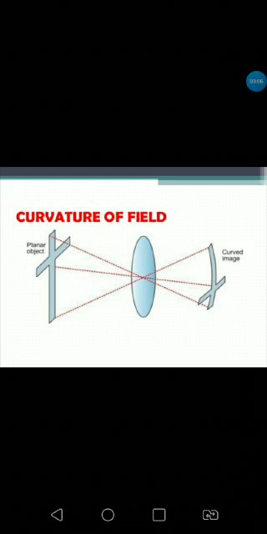You also observe that the distances from the center of the lens to the points of the object on the left side differ, and on the right side of the lens, the distances from the center of the lens to the image points are also varying. So due to the difference in the distances from the center of the lens, the image is found to be in a curved shape.